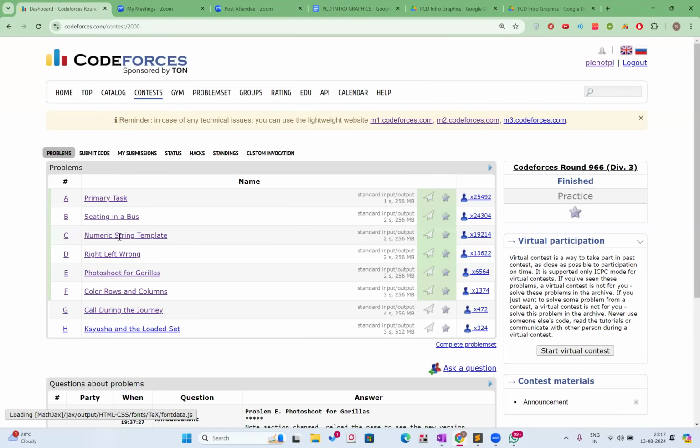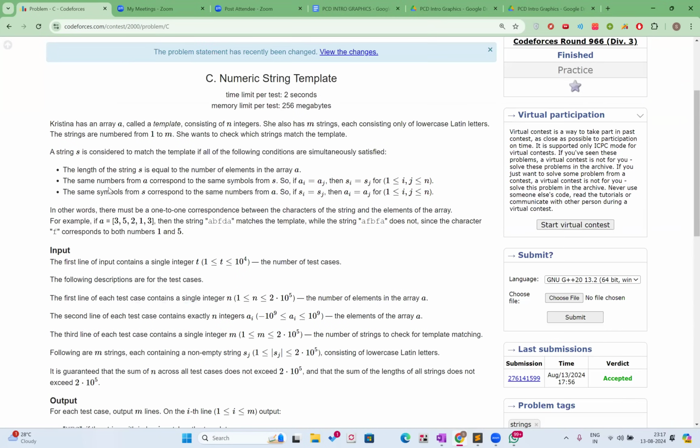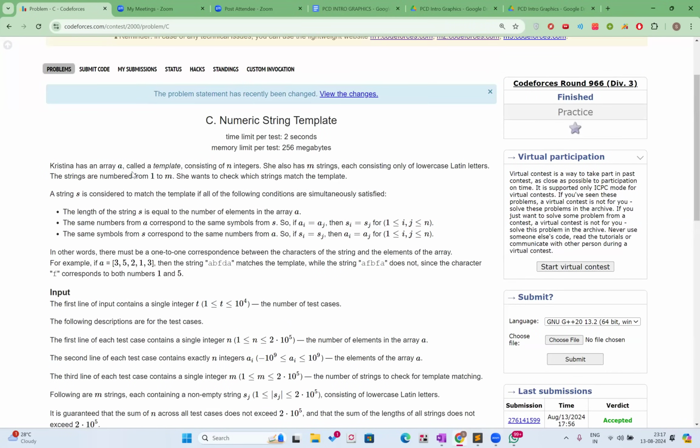So now I'll discuss the third question. For the third question, we are given an array. So the initial array A is given, and this is called the template array. There are n integers in the template array.